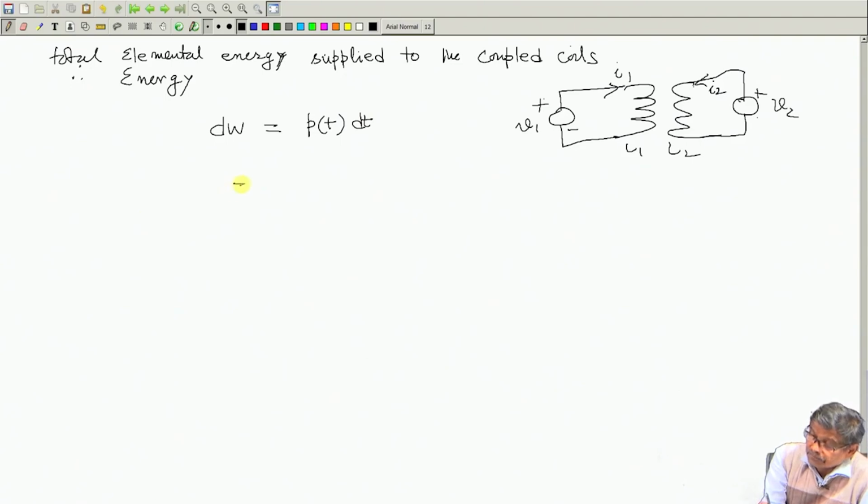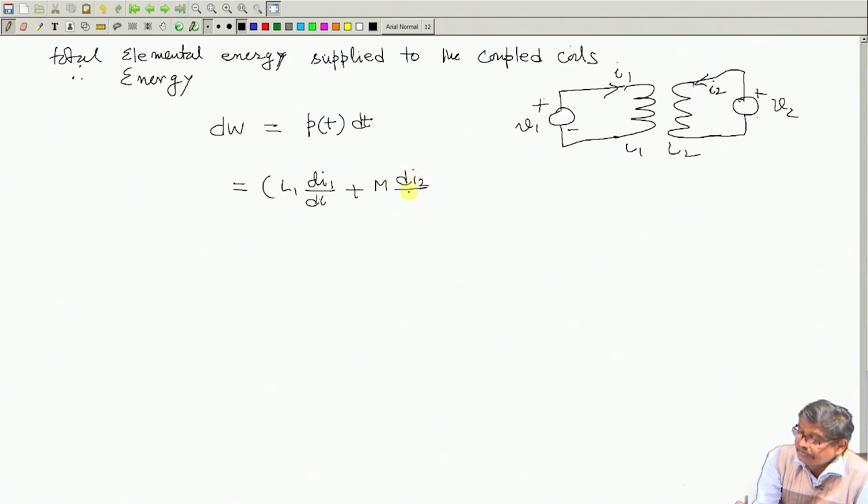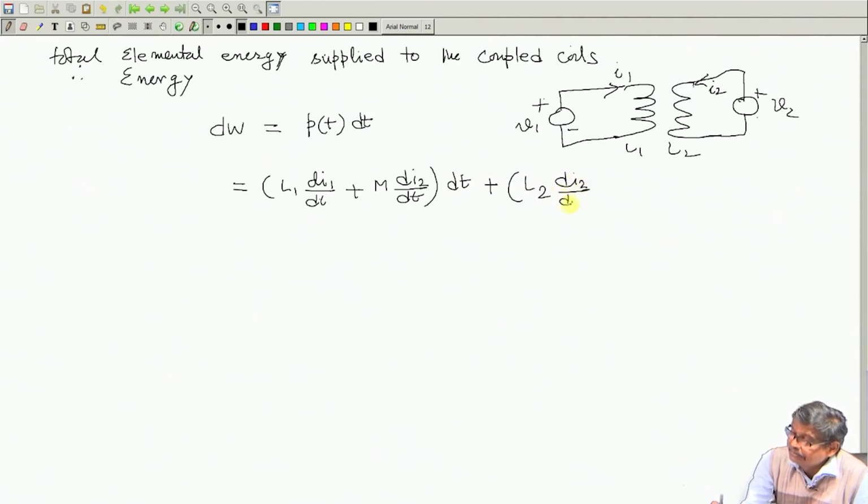So, it was equal to, we have seen, L1 dI1/dt plus M dI2/dt, into dt, plus L2 dI2/dt plus M, and mind you, I have assumed the dots like this, M dI1/dt, and this is also multiplied by dt.